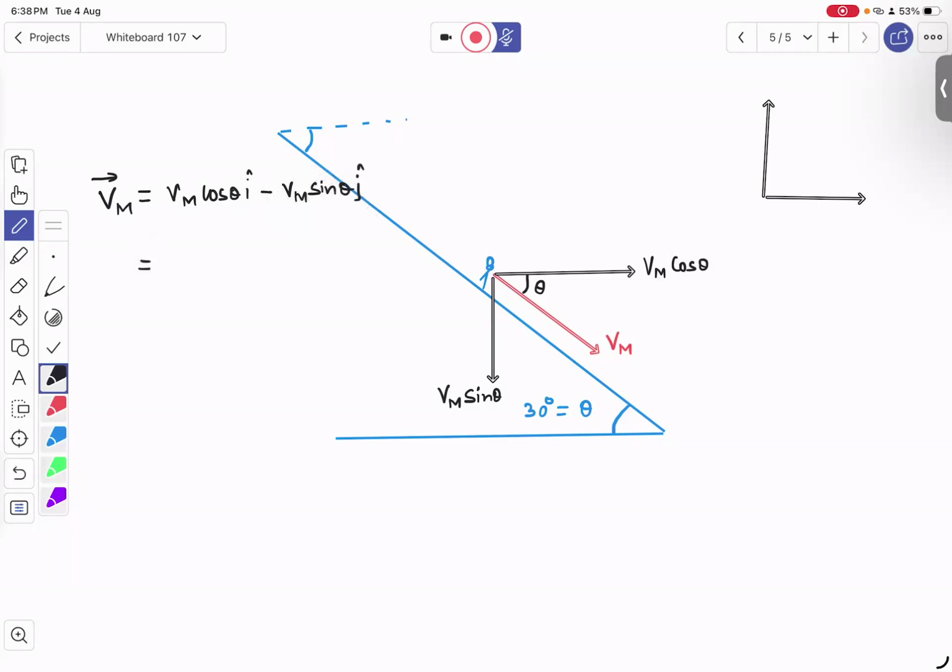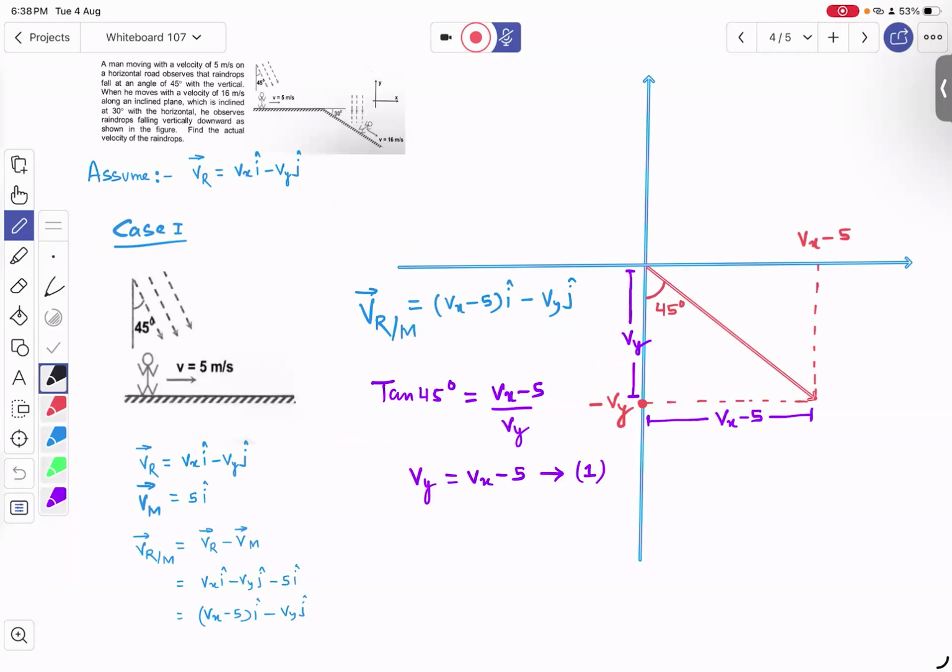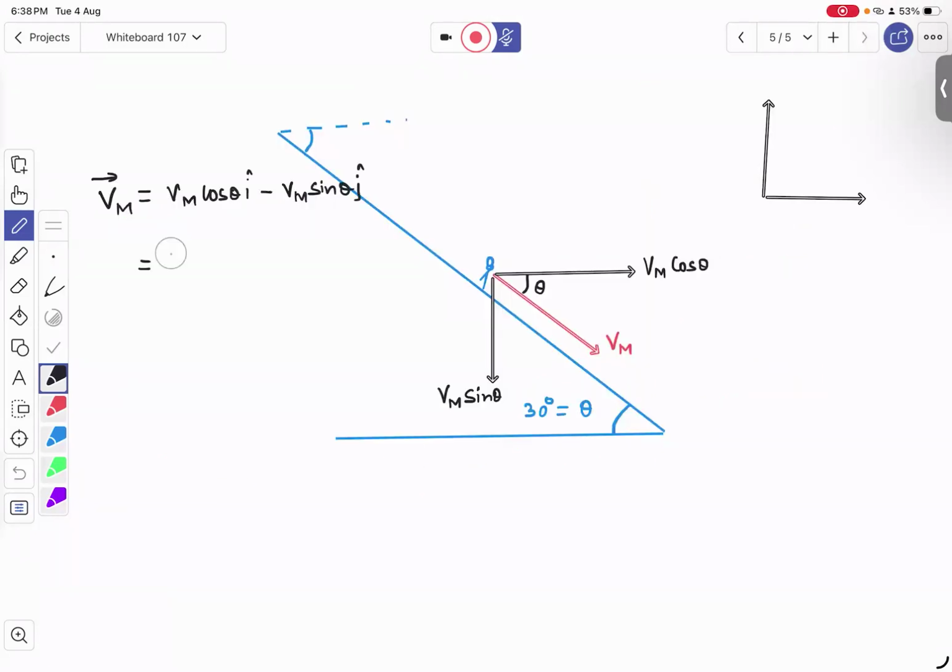Vm is 16. Let's check once. 16. Theta is 30. So 16 cos 30 i cap minus 16 sin 30 j cap. And that is going to give us 8 root 3 i cap minus 8 j cap. So this is the velocity of the man.